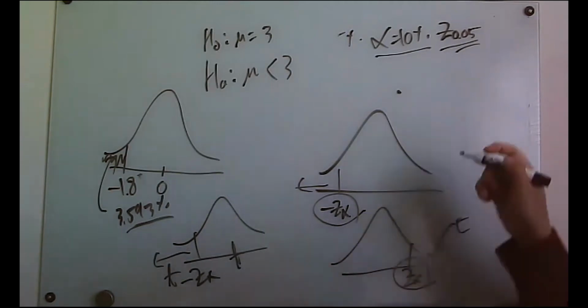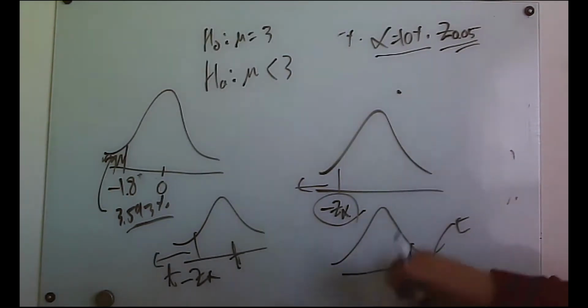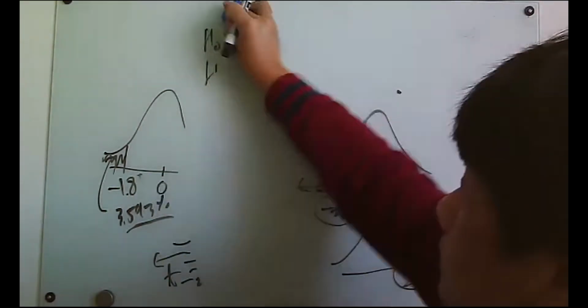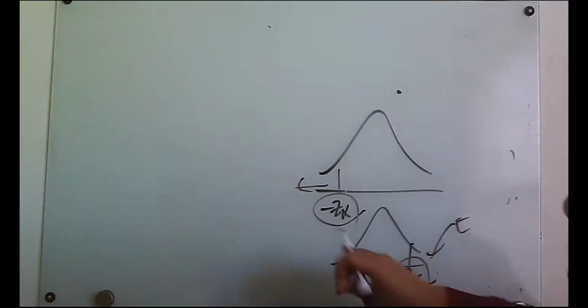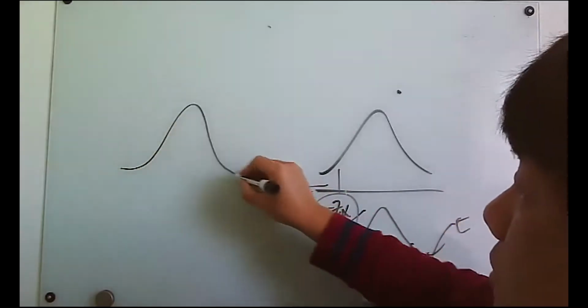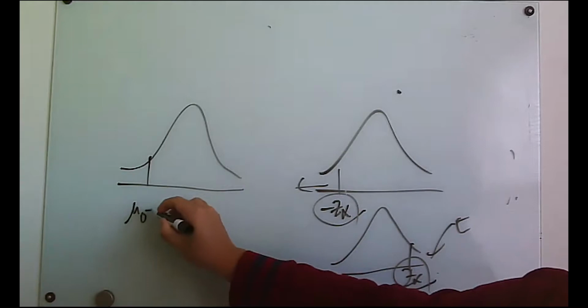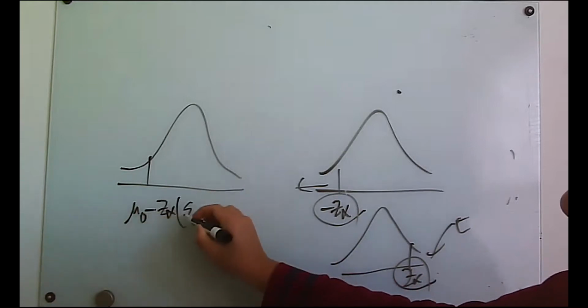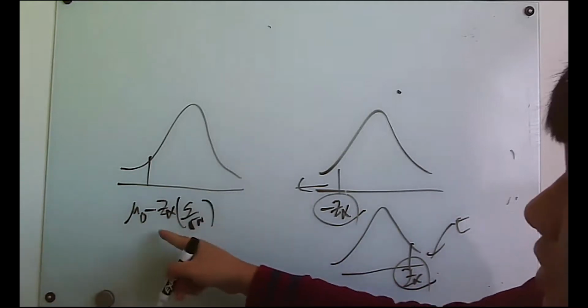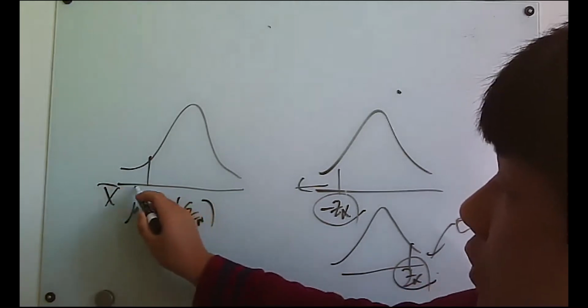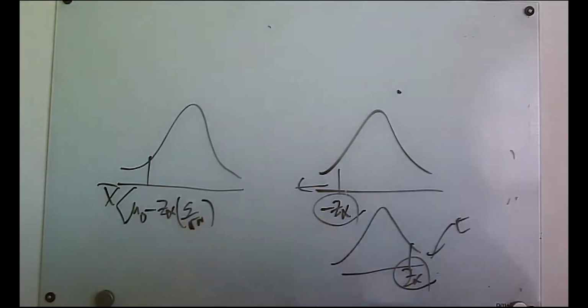The critical value was something like this. Previously, for the lower tail, it was mu 0 minus G alpha times S over root n. If X bar is lower than this, then you reject, right?